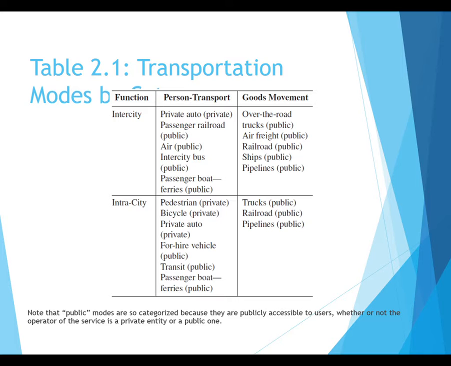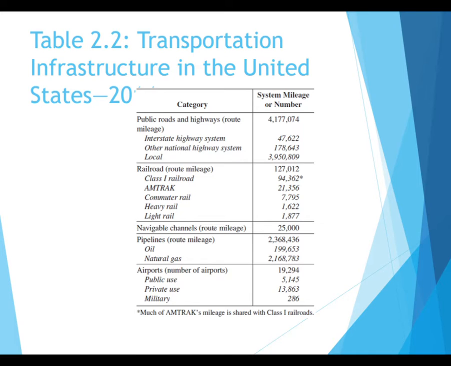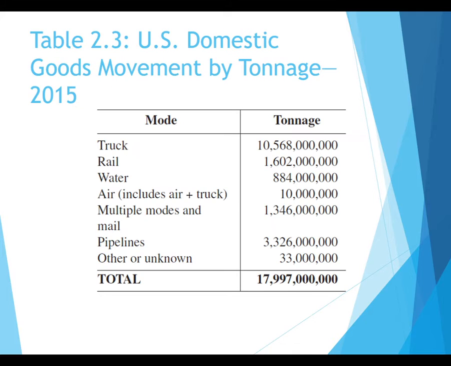Here I talk about the difference between intercity and intracity transportation, and then we talked a little bit about statistics. We're talking about the mileage of different public transportation lines in different parts of the world, and also public roads and highways, railroad, pipelines, channels, and airports, and the mileage of each used here in the United States.